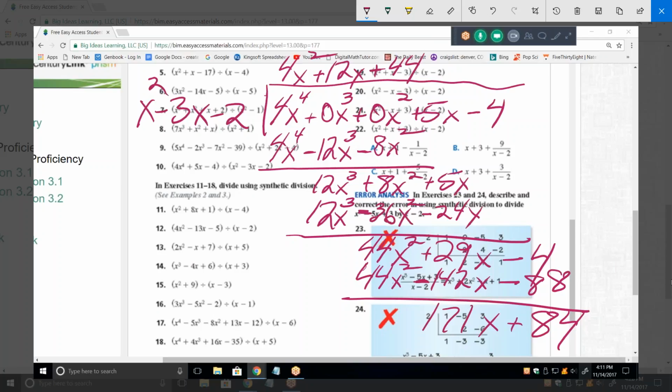What's the full answer? In other words, what's their answer going to be on this? 4x squared plus 12x plus 44 plus 171x plus 84 over x squared minus 3x minus 2. Yeah, and be careful if that's a minus sign.